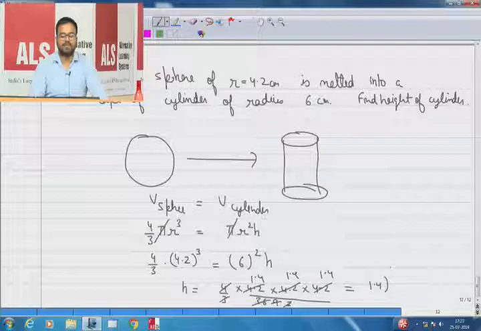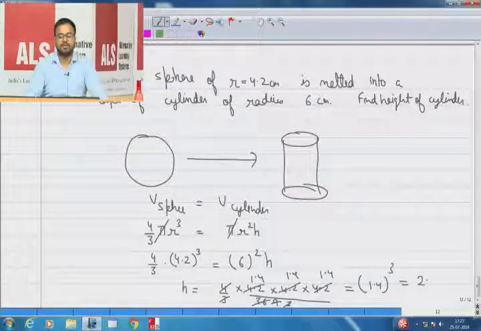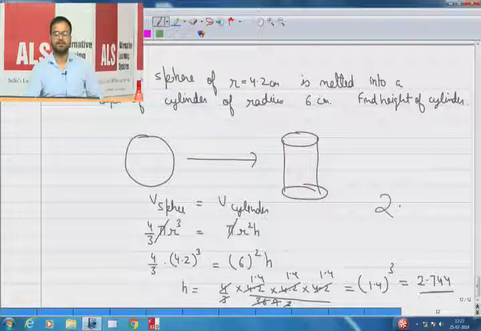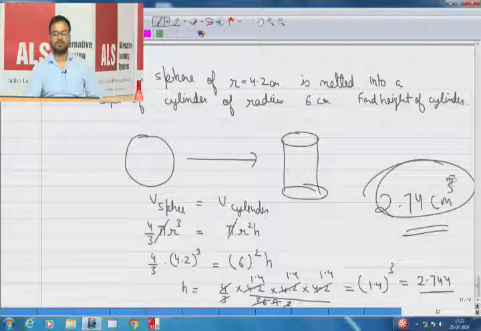So that is basically 1.4 whole cube, and 1.4 whole cube is 2.744. 2744 is the cube of 14. If you have to give the answer up to 2 decimal places, that will be 2.74 centimeter. Oh sorry, not cube, only centimeter, since it is the height. 2.74. CC4, are you getting this?